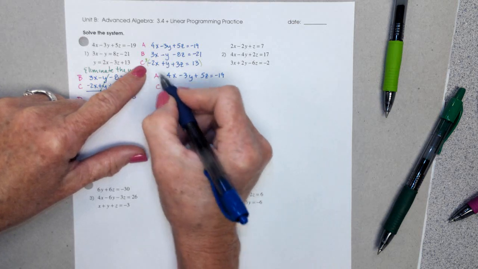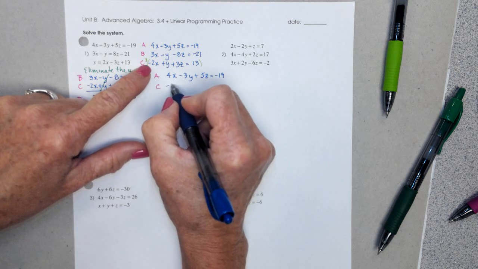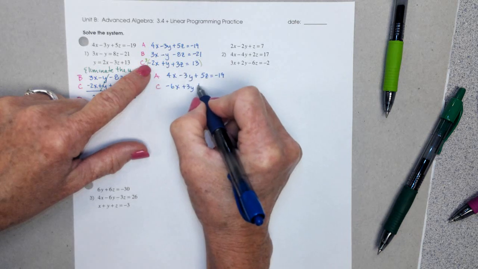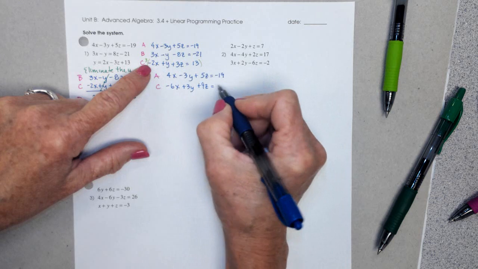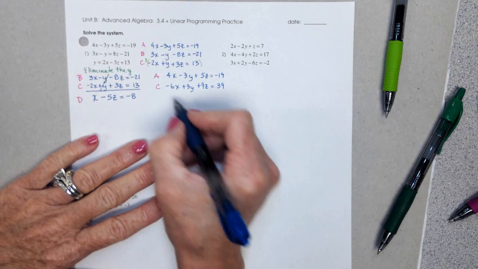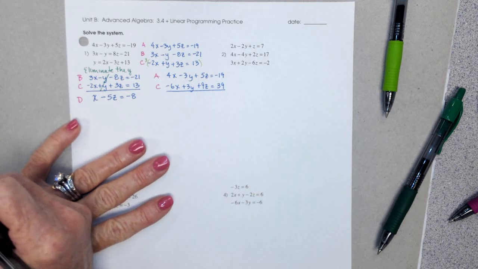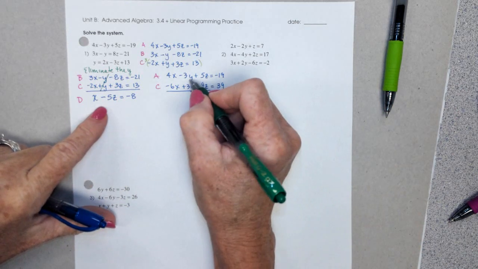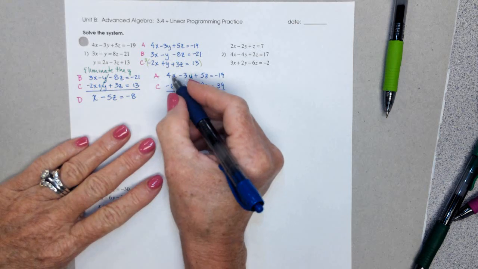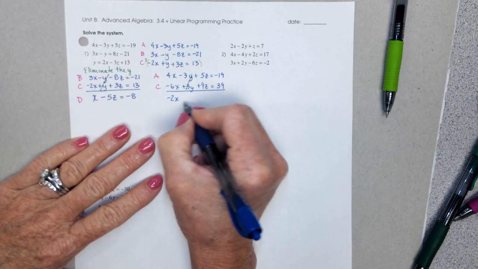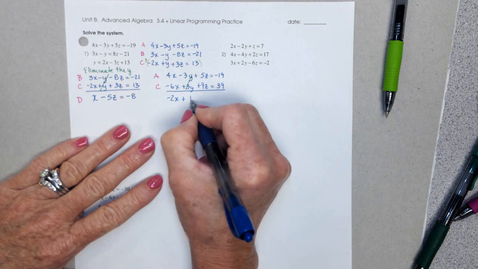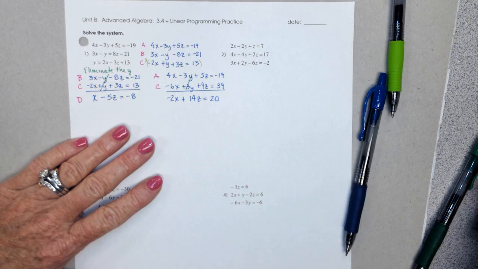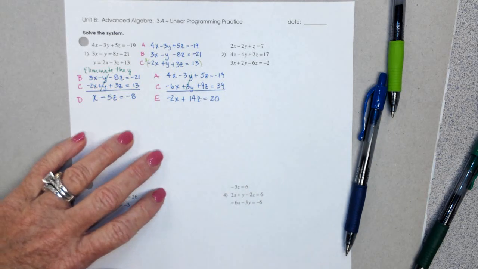Equation C, multiply that by 3, that gives us negative 6x plus 3y plus 9z equals 39. Add those together, and again, the y's eliminate, and we have negative 2x plus 14z is 20. That created yet another equation, call it E.